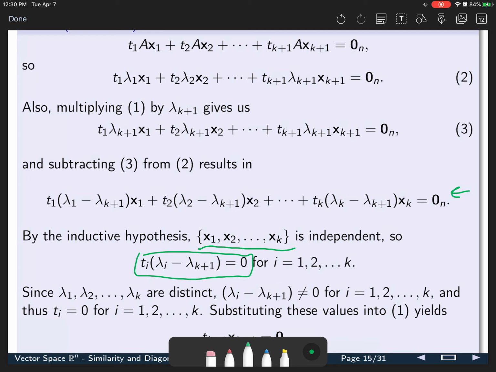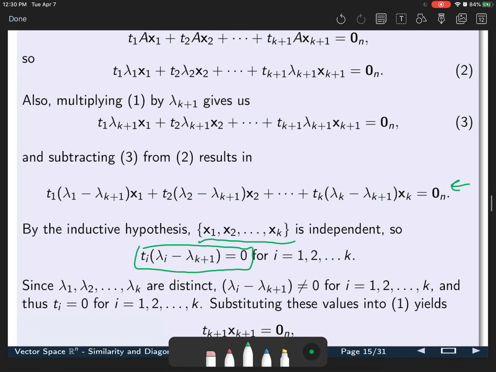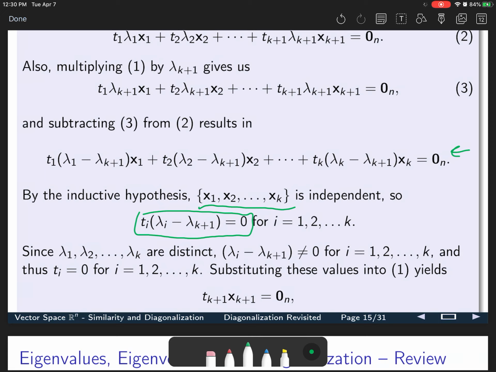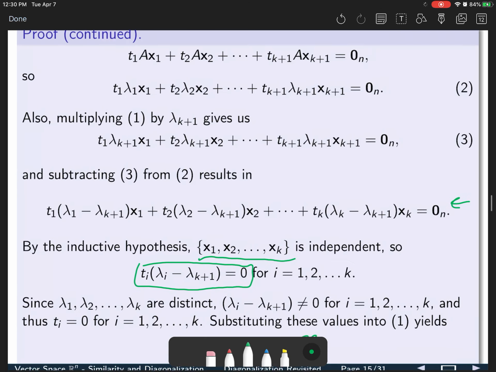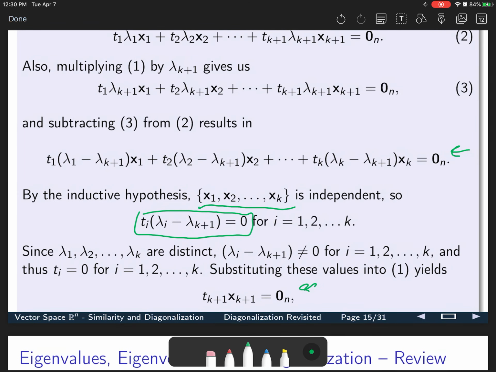And that proves that, since lambda i and lambda k+1 are different, we get this result, and the only way that this all works out is if we've got linearly independent eigenvectors, we're good.